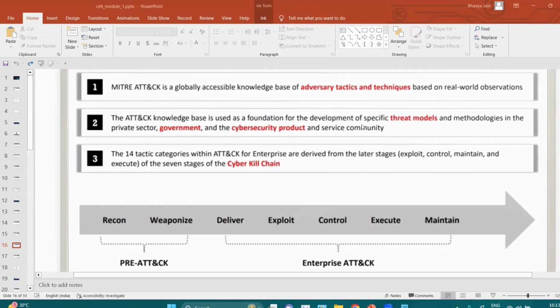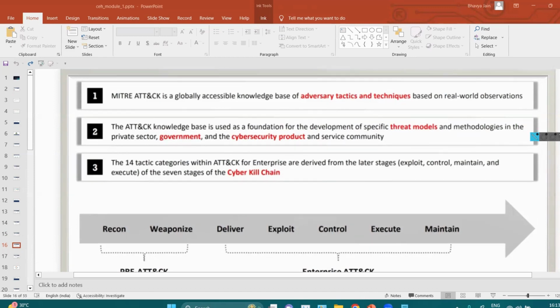Okay, so there are a few points to note here. First, this framework is based on real world observation. Secondly, we can apply this framework anywhere, in any sector of the economy, for example the private sector, the government sector, and any product based or services based company.